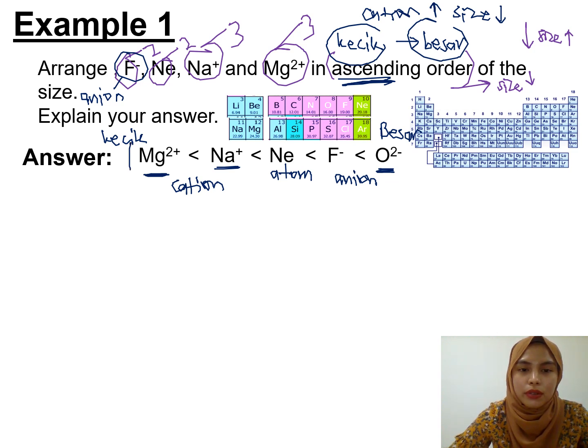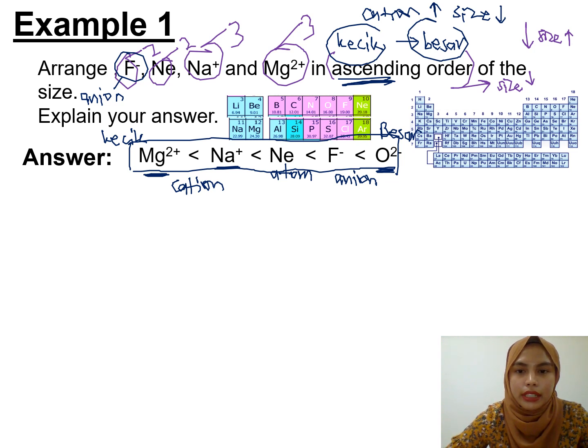Alright, so how do you explain your answer? First of all you susun macam ni, susun daripada kecil ke besar, and then please jangan buat silly mistake by confusing the arrow here.